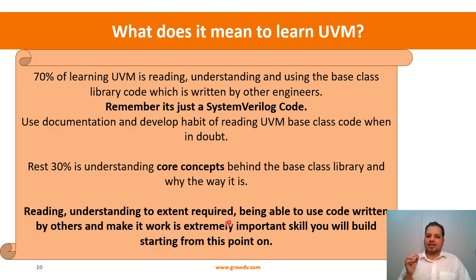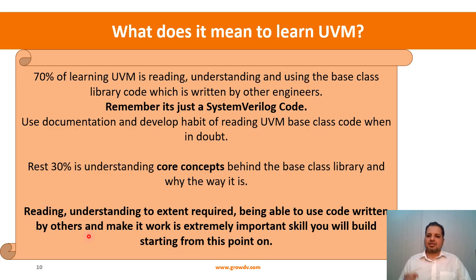Okay, so the key thing is we need to learn to the extent that is required, because it's an ocean. There are so many things. So you learn what you really need to get your job done, right? Then being able to use the code written by others. We always feel comfortable with the code that we have written, but what we need to develop is the ability to become comfortable with the code written by others.